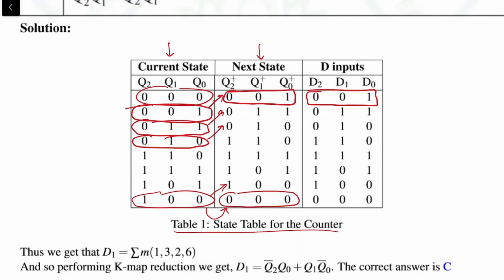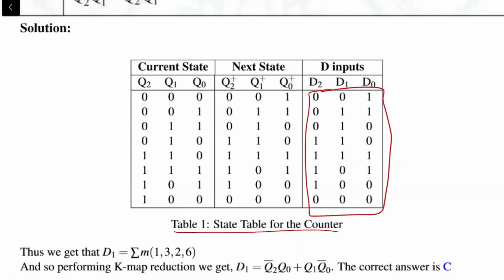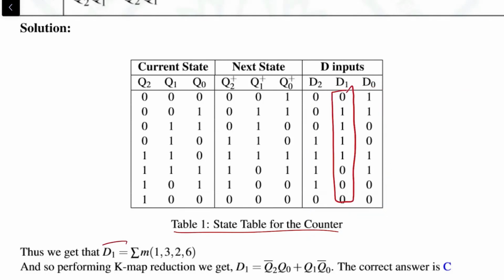Now with these inputs and these next states requiring these D inputs, we find that D1 has the following canonical SOP expansion.